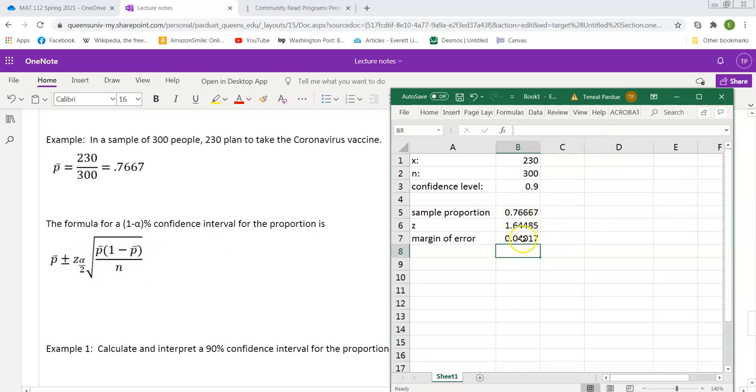So this is our margin of error, 0.0402. And you may be asked to state your confidence interval in margin of error form. So that would be 0.7667 plus or minus 0.0402. You may also be asked to state the lower confidence limit and the upper confidence limit.